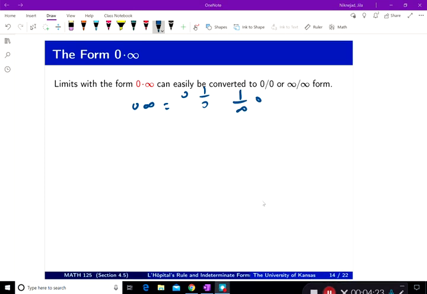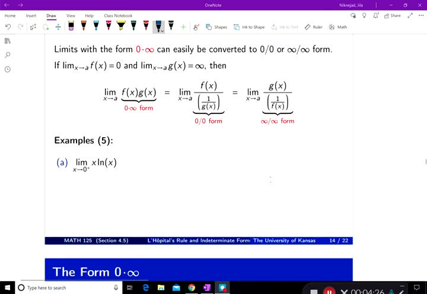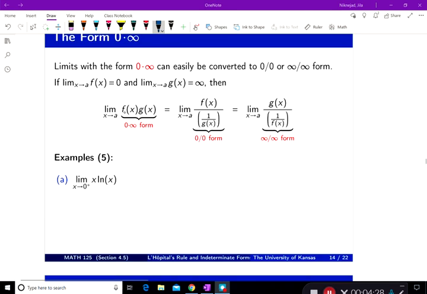You write it as the function that goes to 0 divided by 1 over the function that goes to infinity, giving 0 over 0, or the other way around, the function that goes to infinity divided by 1 over the function that goes to 0, which is the infinity over infinity form.